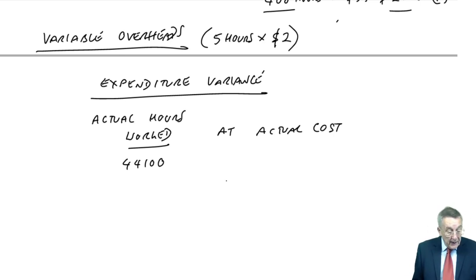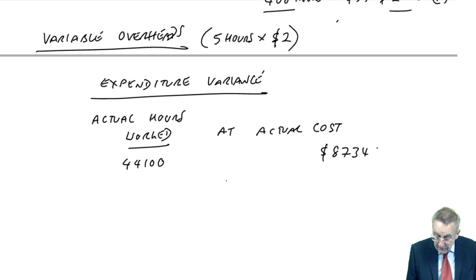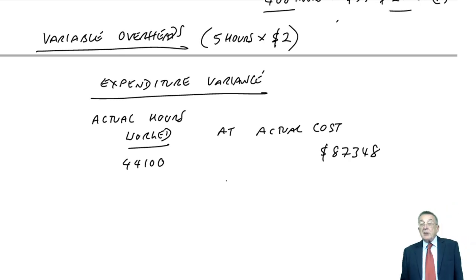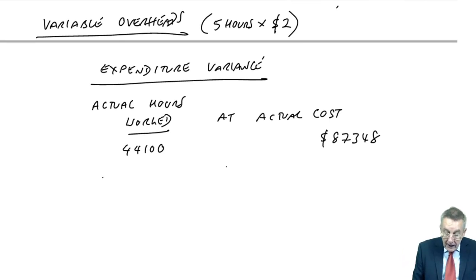So the actual amount we spent was 224,515. No, it wasn't. That's labour. It was 87,348. As what we actually paid for the hours they worked, we compare it with actual hours worked at standard cost.